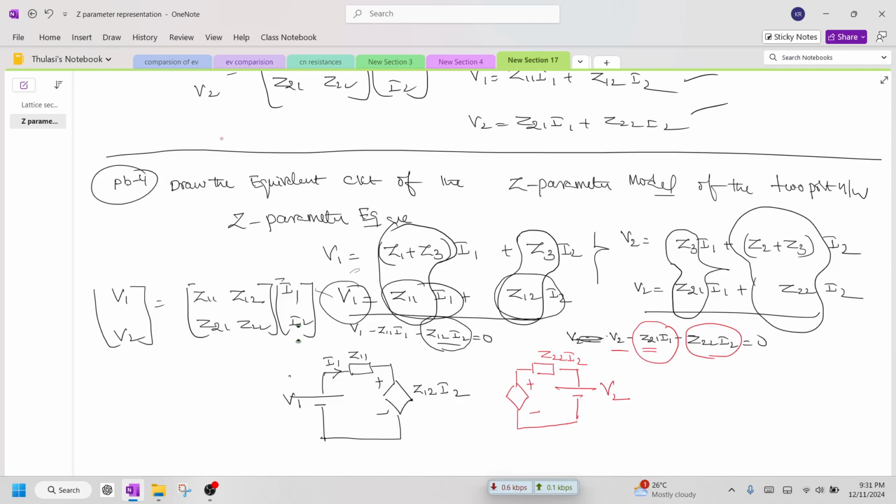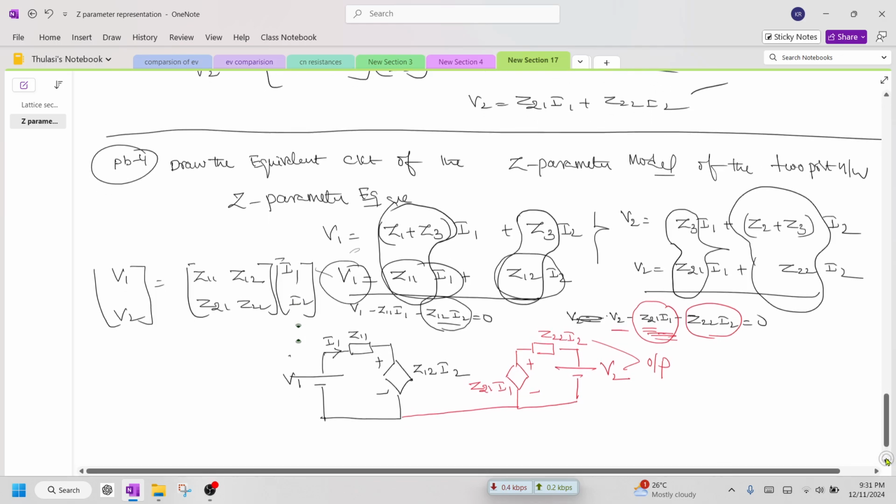Z22 I2 is related to the output, but this is related to the input. How to write down the input port parameter at the output side is with the help of this dependent source. The magnitude of this source is Z21 I1, joining the input port and output port.